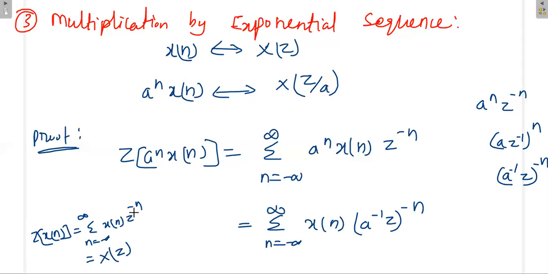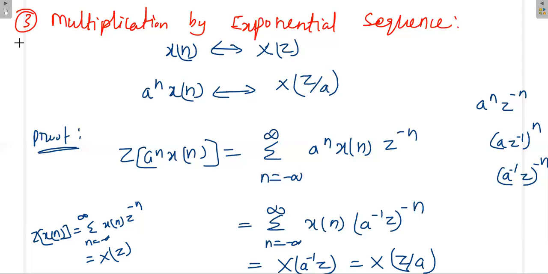Whatever is present here, we write here. Similarly, instead of z it is multiplied with a inverse, so this is x of a inverse z. So we can write this like x of z by a.